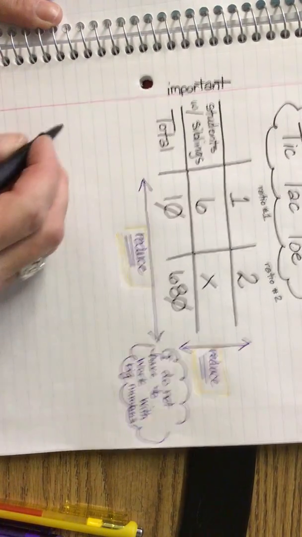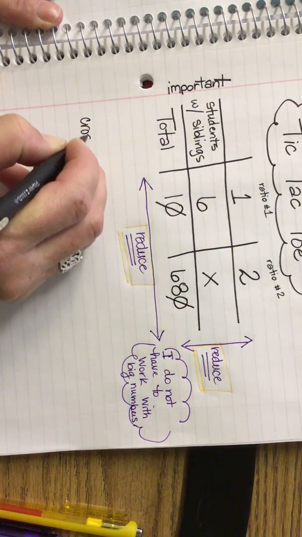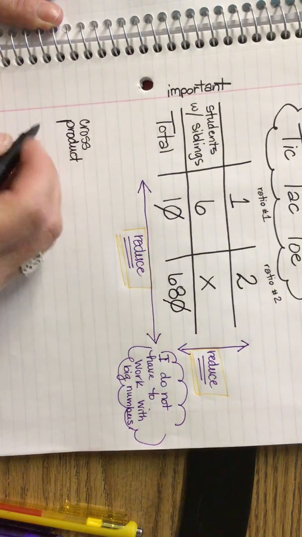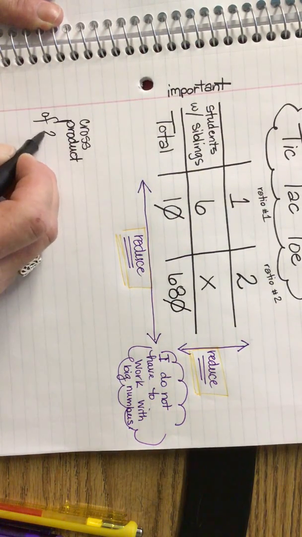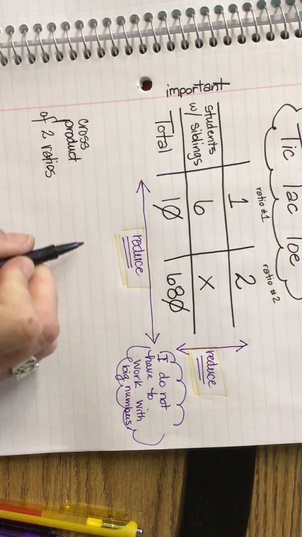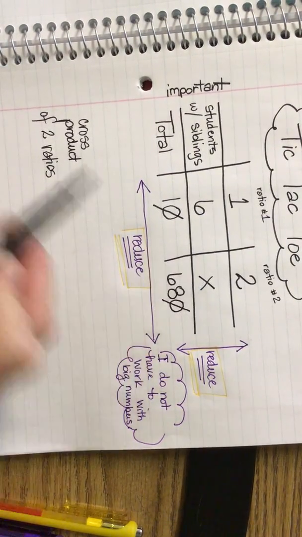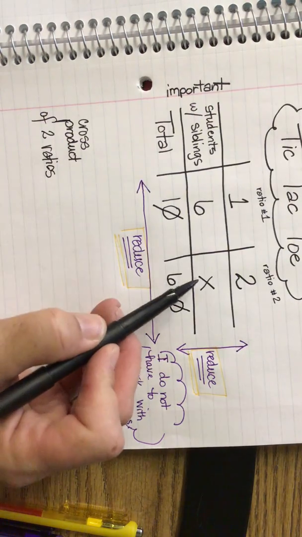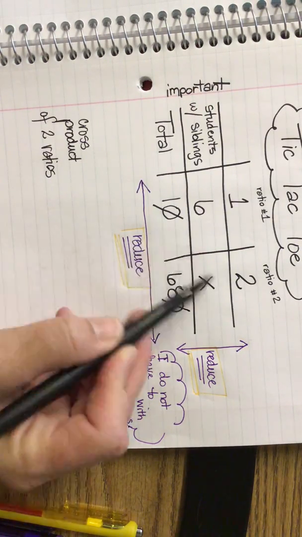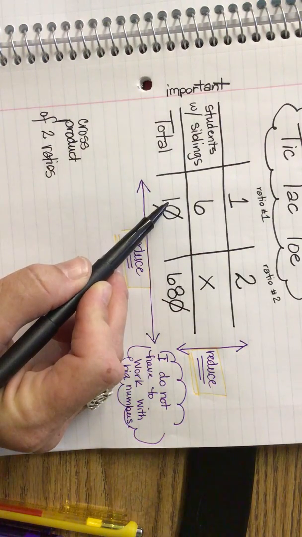So when we solve a proportion, we are looking for the cross product now. And I know that I can go ahead and do the cross product and solve when my variable is diagonal to a 1.